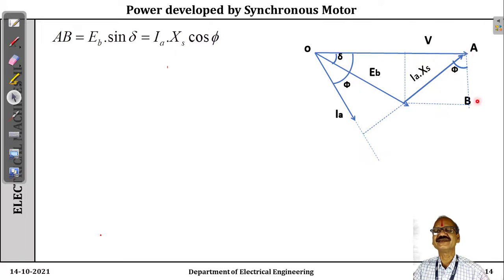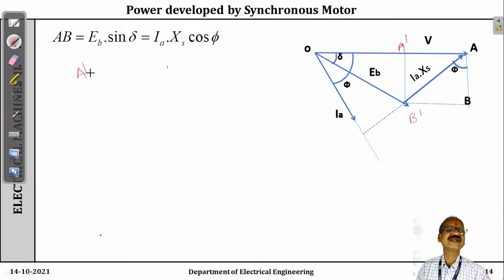Therefore AB, what will be the AB? AB equal to I_A X_s cos φ, and this dotted line is nothing but, say, A'B'. This A'B' equal to E_b sin δ, and this is nothing but AB equal to I_A X_s cos φ.